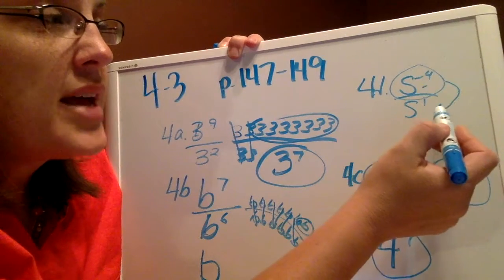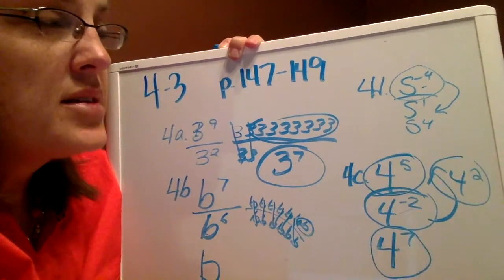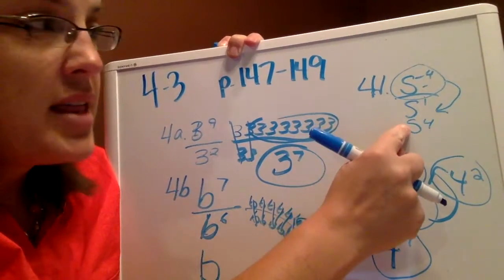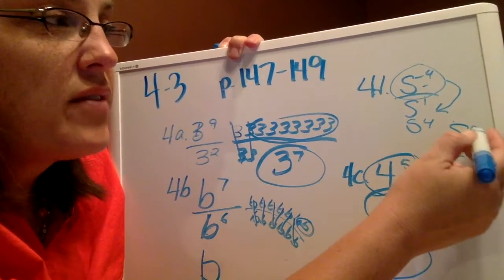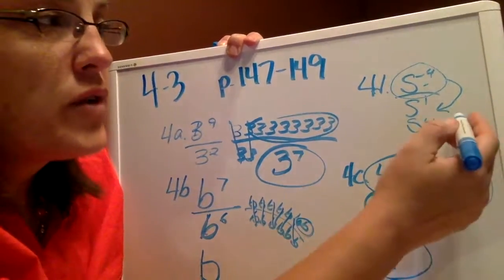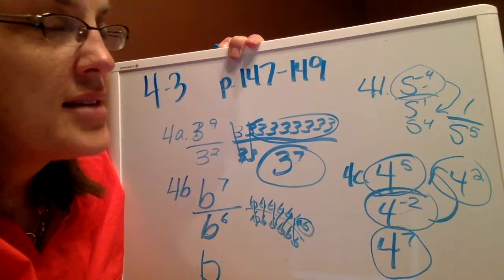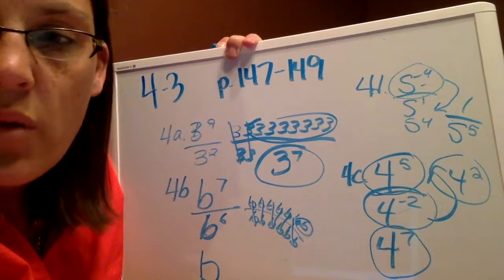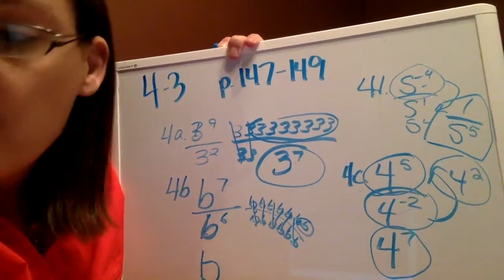So once those s's move down to the bottom and become positive, we have this one s and then 4 more that join. So we get s to the 5th on the bottom. Don't forget to put a 1 in the numerator. There's still something up there that has to be a placeholder, so the 1 has to be there. So for 4D, it's 1 over s to the 5th.